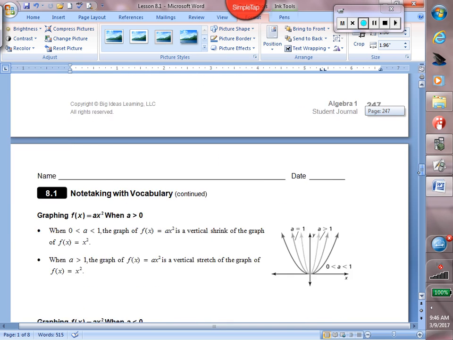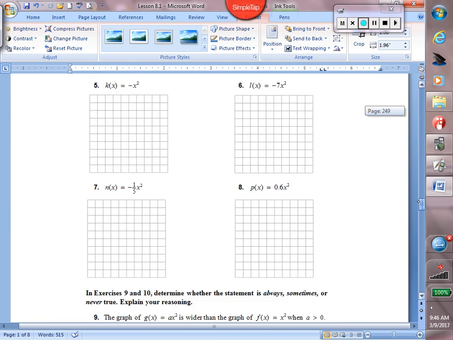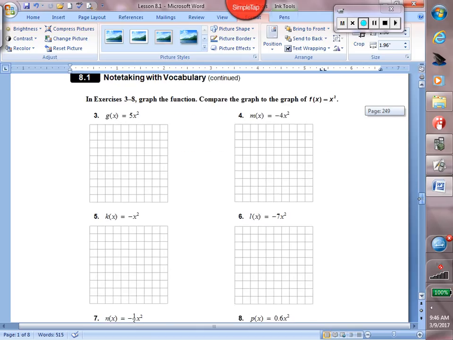Let's go ahead and turn to page 249 in your student journal. And we're not going to graph all of these. What I would like you to do for me is just identify the transformation.